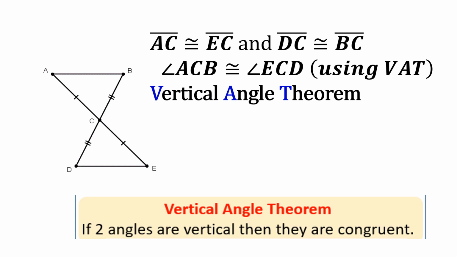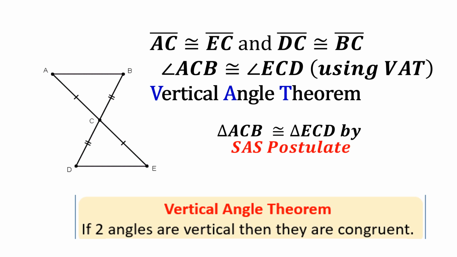Therefore, angle ACB is congruent to angle ECD using vertical angle theorem. Thus, the two triangles are congruent. Triangle ACB is congruent to triangle ECD by SAS postulate.